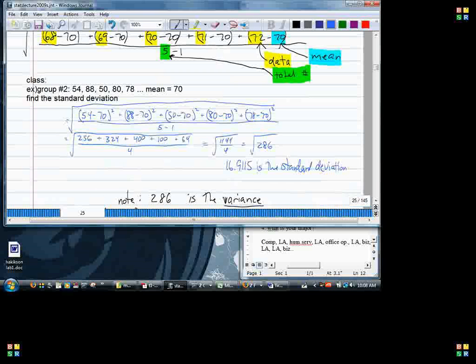We're not going to use it that much. We're mostly going to use the standard deviation, but you should know what the variance is. Okay. So notice that once you have the variance, how do you get the standard deviation? Square root. So once you have the standard deviation, how do you get the variance?